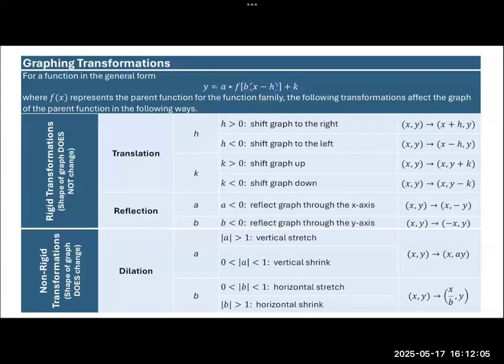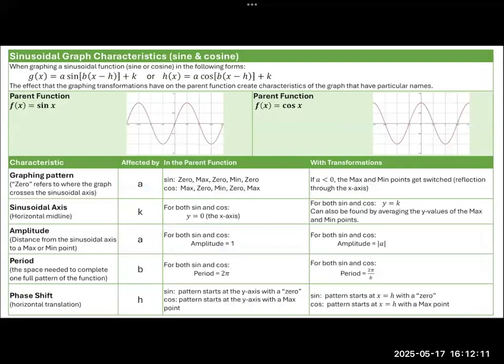So these numbers will affect our graphs in the trigonometric family also. But when we talk about trigonometry, some of the effects that those numbers have specific names. And so we want to talk just a minute about what those names or characteristics actually are before we start graphing.